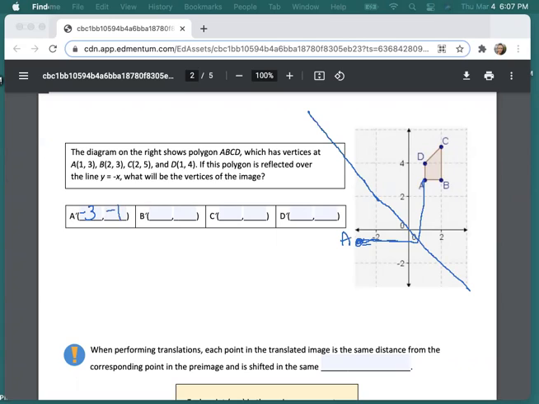And then B is at 2, 3. So if I follow this down here and then I follow it this way, that's going to be right here. So the new B is going to be at -3, -2.